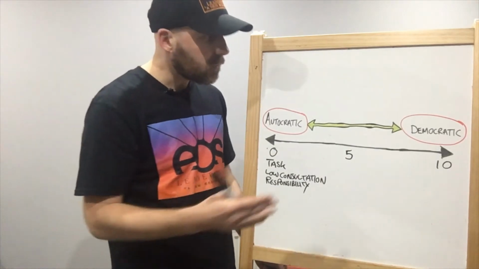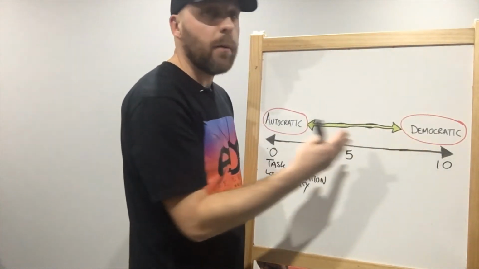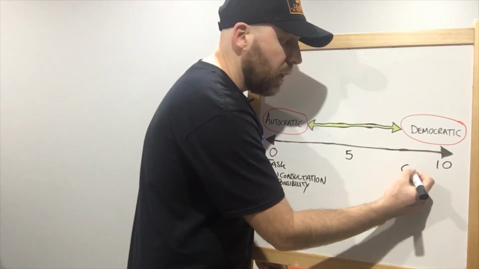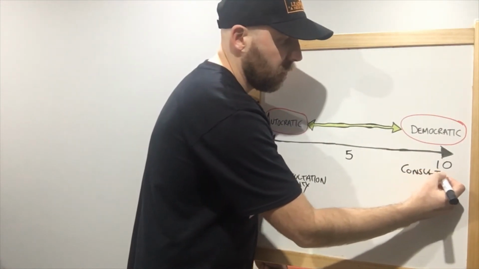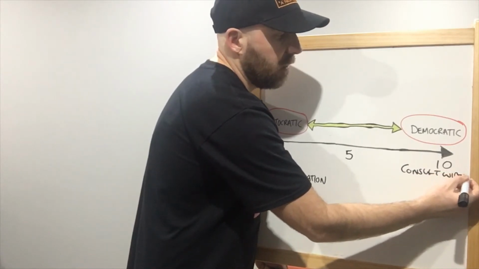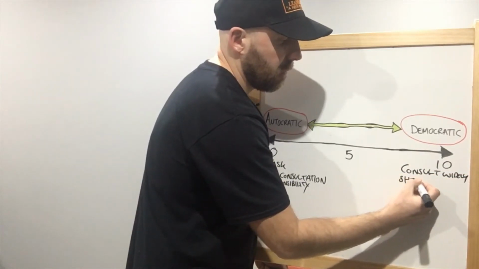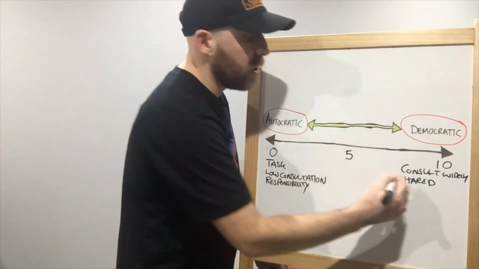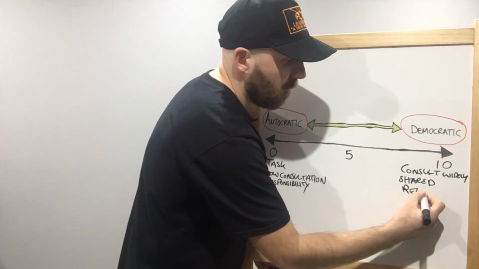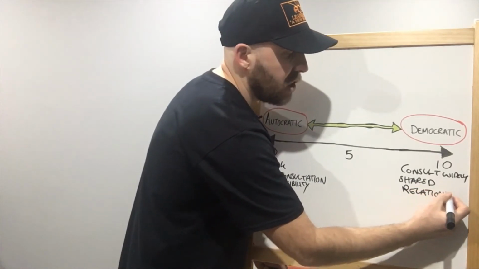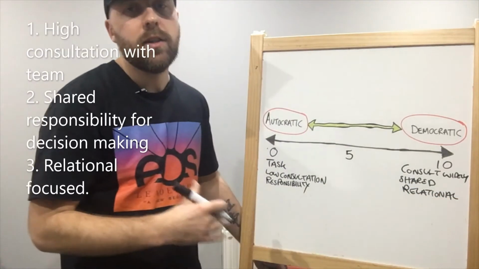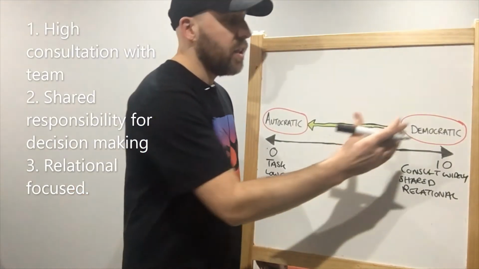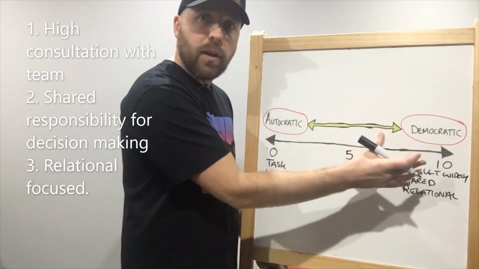As you move through team's experience in whatever it is that you're trying to achieve that week, that day, that month, you can then move to a more democratic leadership style. And in a more democratic leadership style, you consult widely and you have shared responsibility, and ultimately the focus is more on relational outputs, so getting the team working together, you working with the team, getting their buy-in to what you are doing, because they've already got a high level of understanding about what it is that you have to achieve.